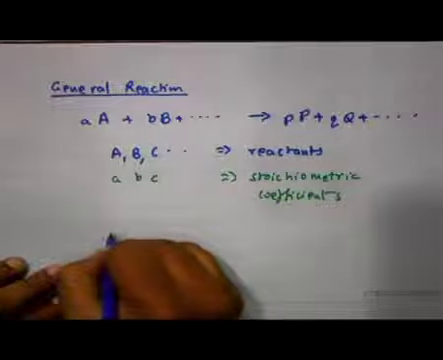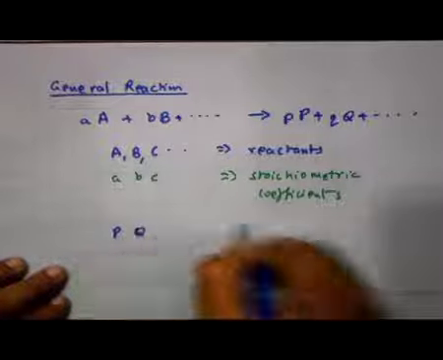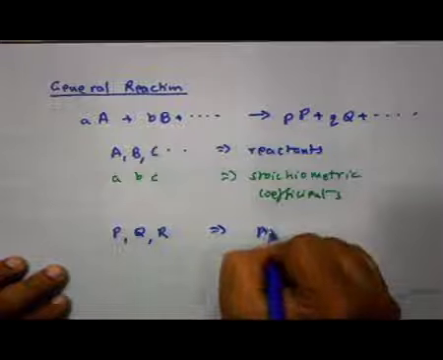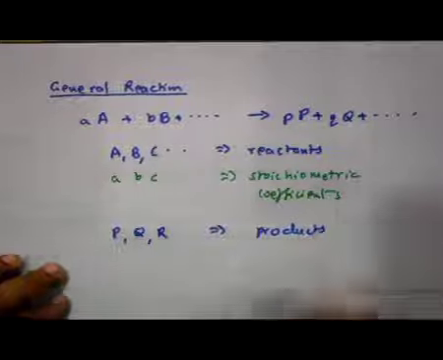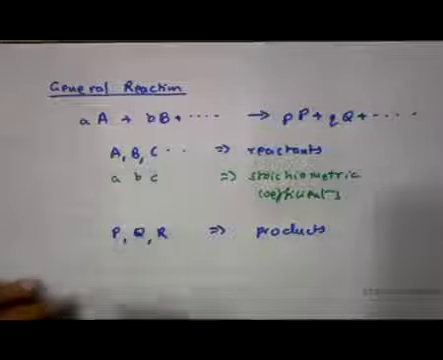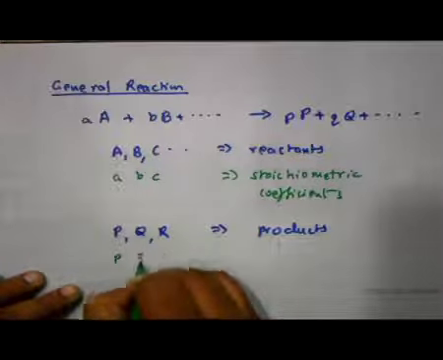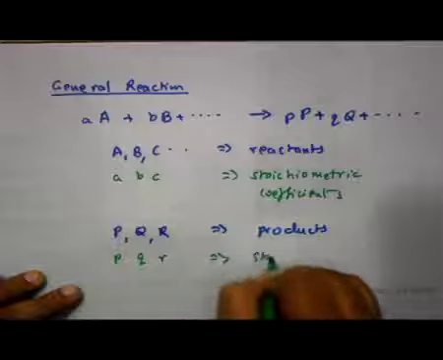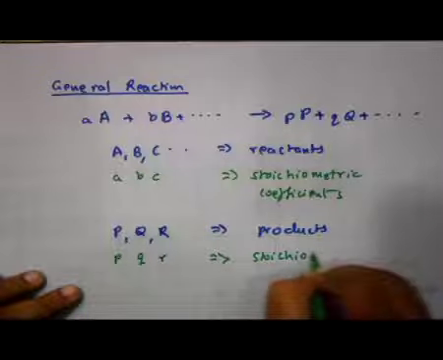Similarly, P, Q, and R are products, and in the same way the small p, small q, small r are the stoichiometric coefficients of the products.